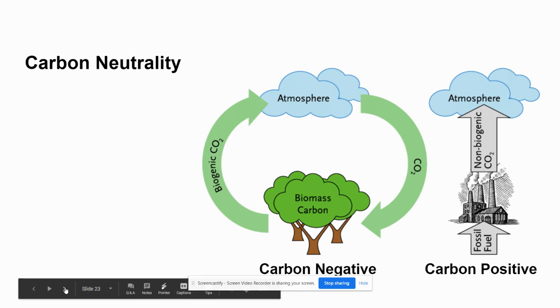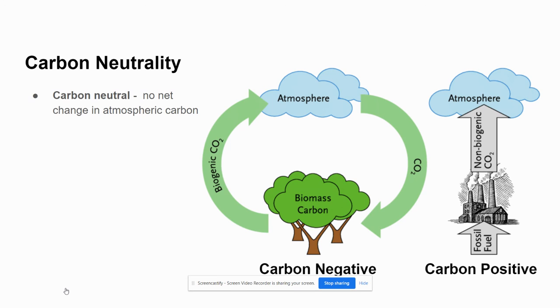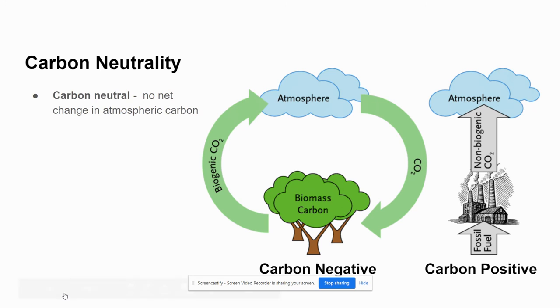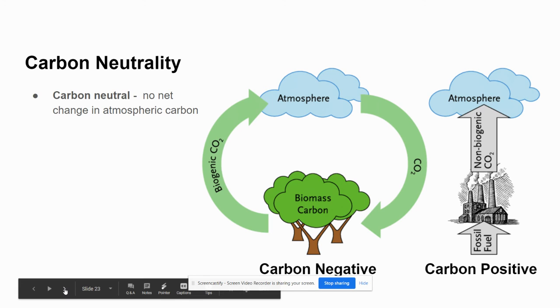Now, let me talk to you about carbon neutrality. Carbon neutrality is no net change in the atmospheric carbon. That means the carbon that is taken out of the atmosphere, the same amount of carbon is introduced to the atmosphere. But that actually is not happening.